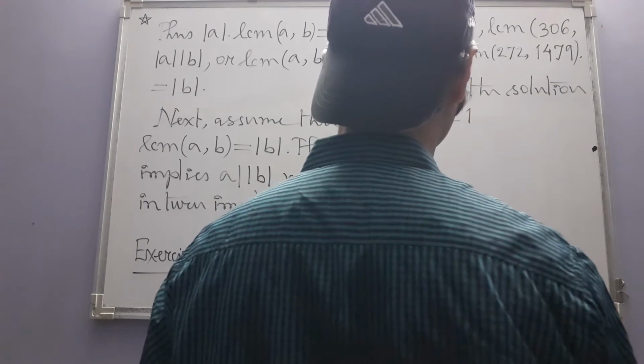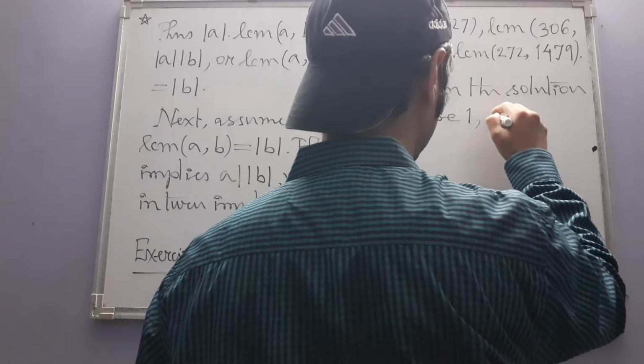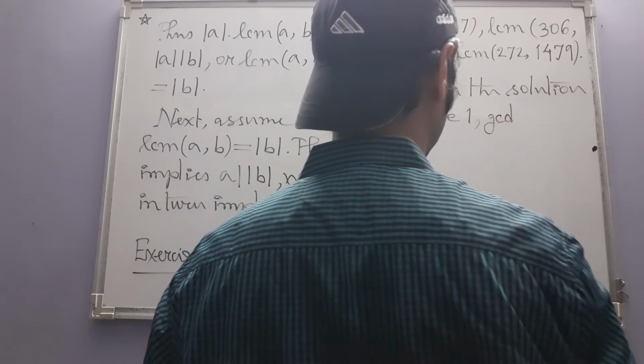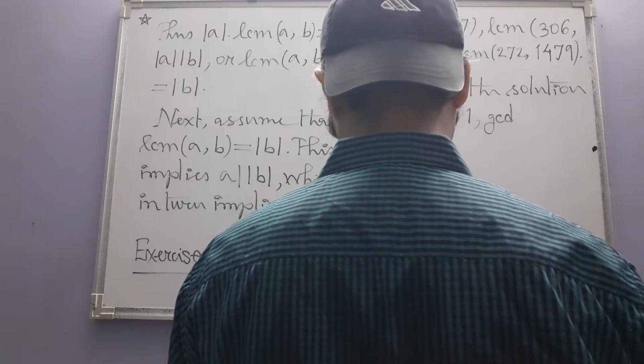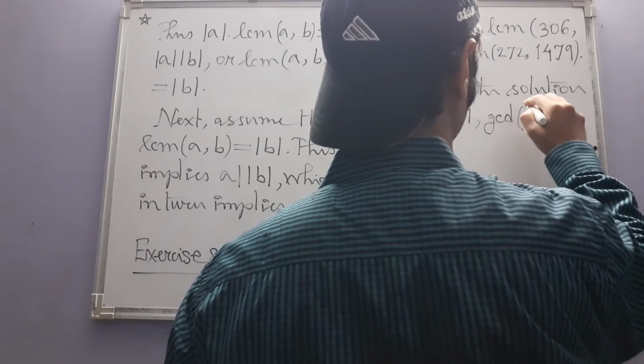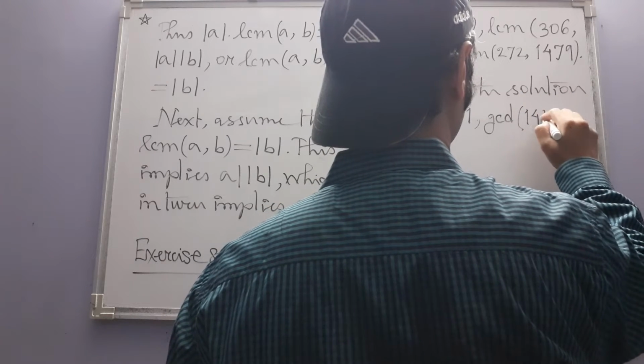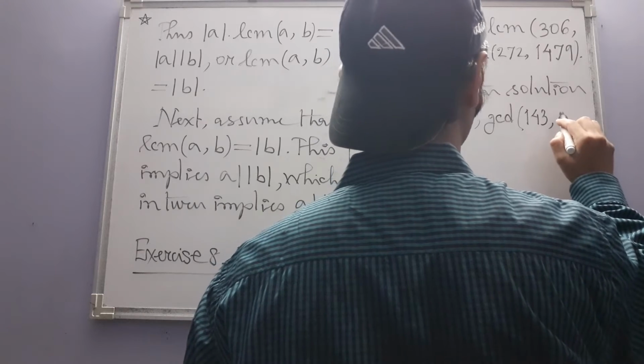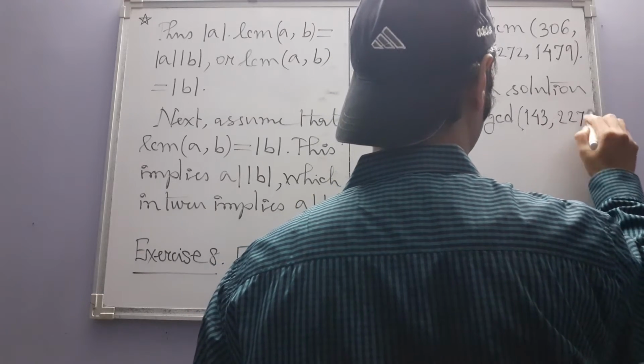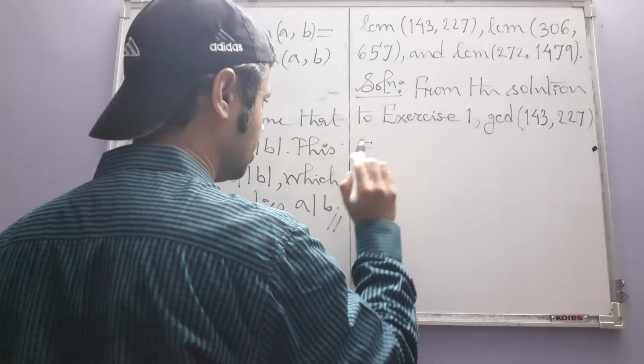So from the solution to exercise 1, these things we already know, or we have in fact calculated. The GCD of 143 and 227 is, I think it is 1. No?